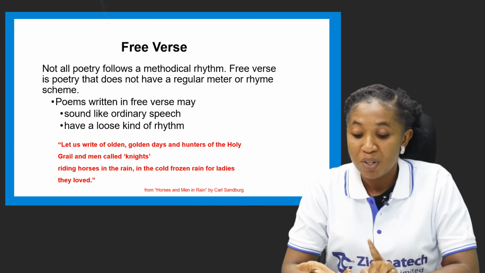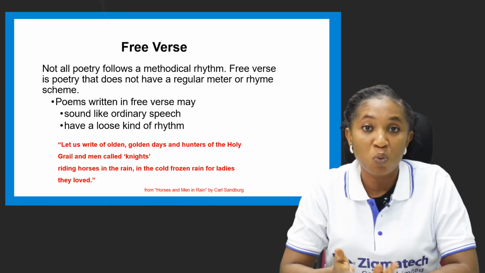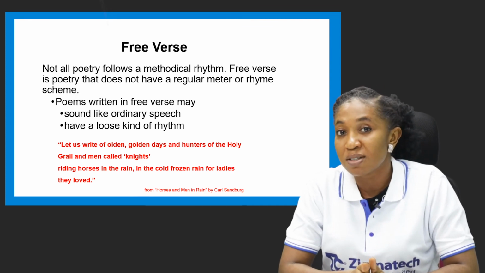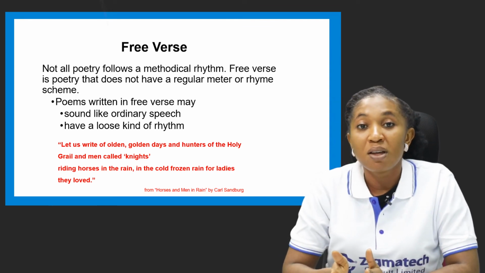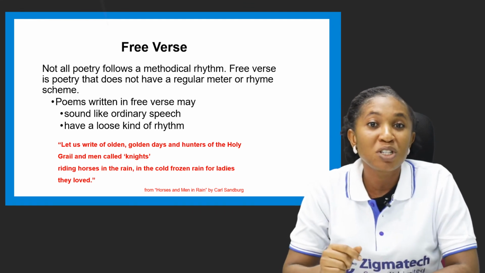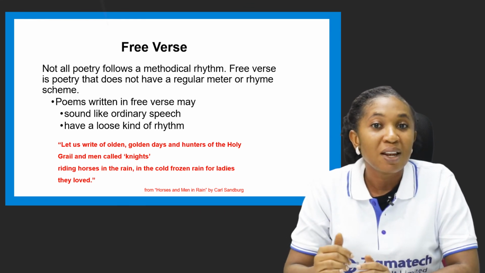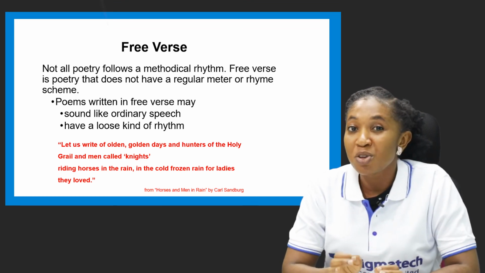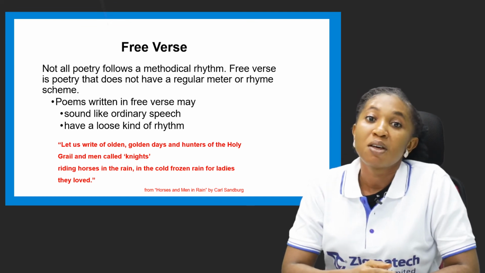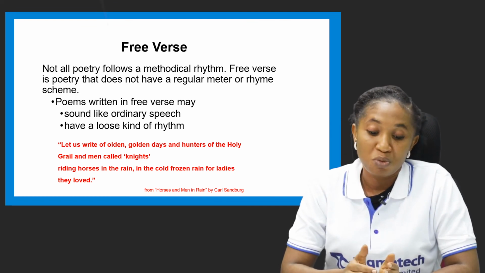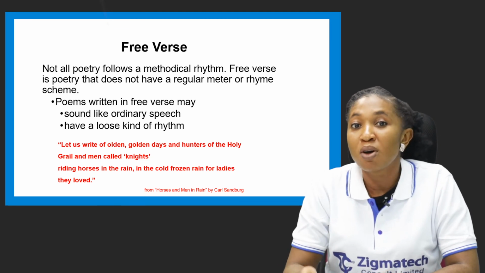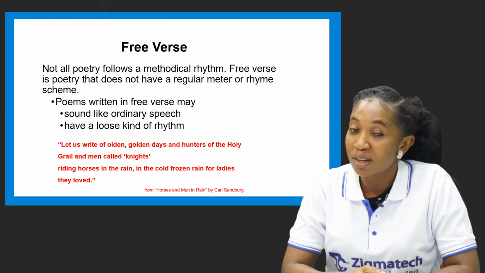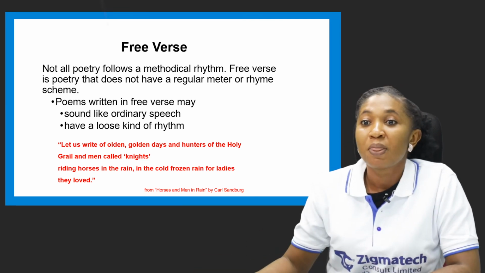Remember, a stressed syllable is that part of a word which is pronounced with greater emphasis, whereas an unstressed syllable is that part of a word which is pronounced with less emphasis. A syllable is also a unit of pronunciation which contains a vowel sound. So your knowledge of all this will help you to understand metrical pattern in poetry. I assure you, it's quite interesting. You need to give it a try.